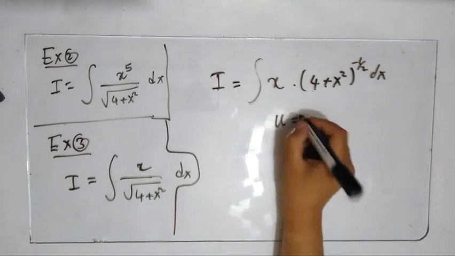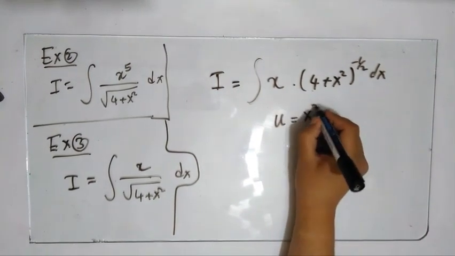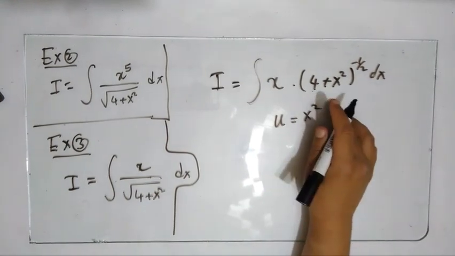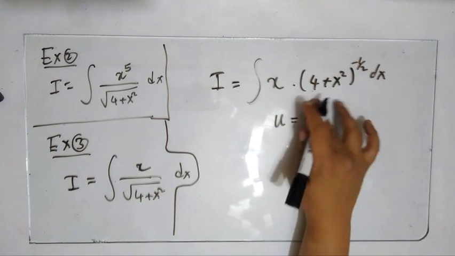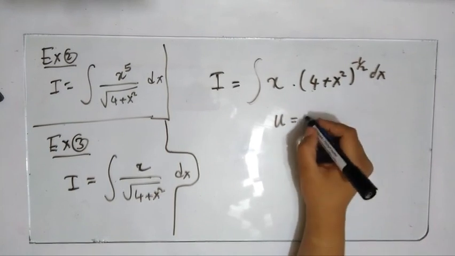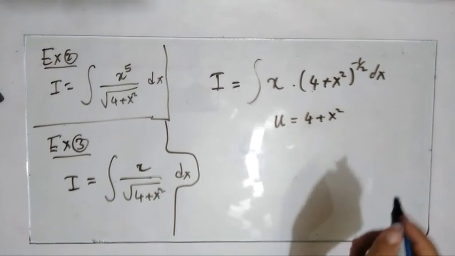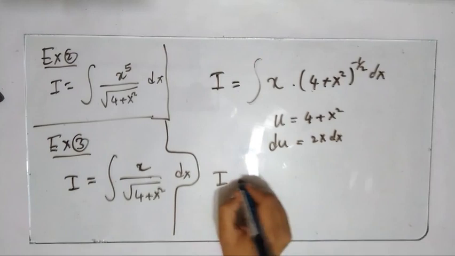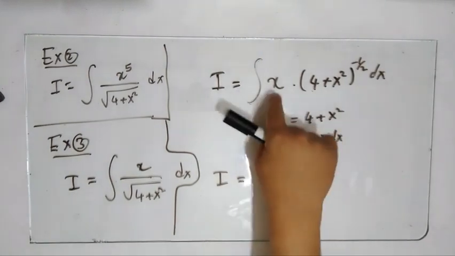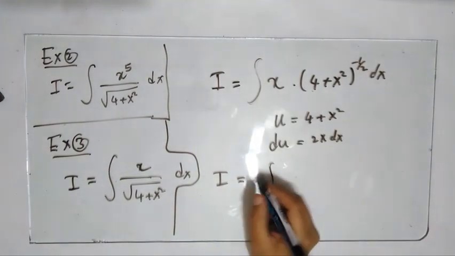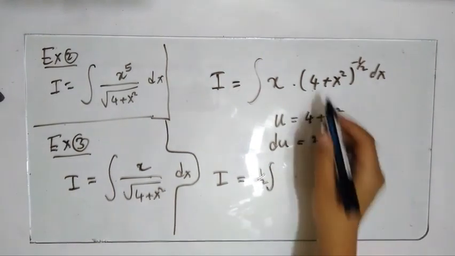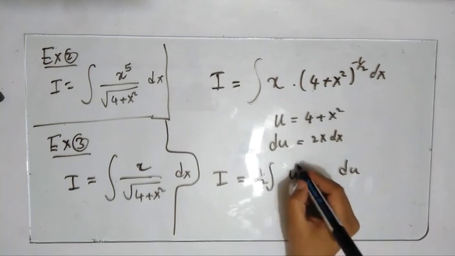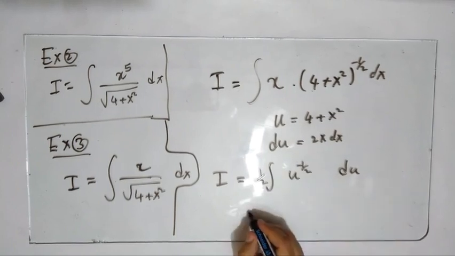With the usual substitution that u equals 4 plus x squared, du will be 2x dx, and our integral becomes, x dx will be replaced by half du, and then you will have u to the power negative half, which is easy to integrate.